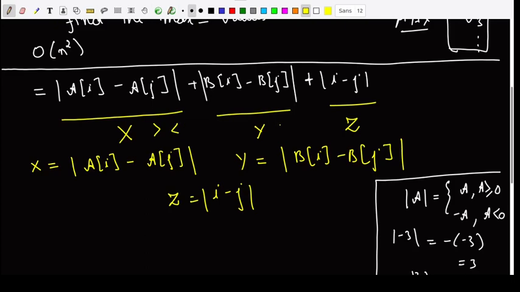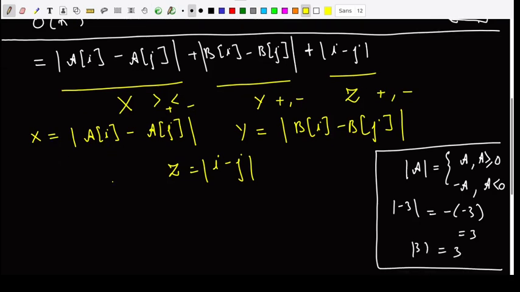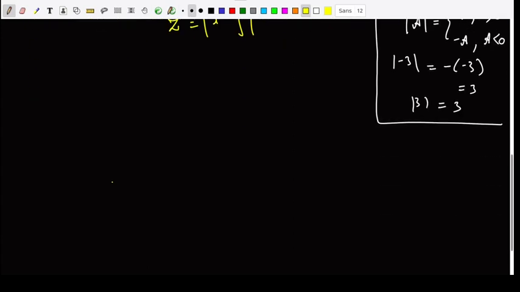Similarly, Y could be positive or Y could be negative, and similarly Z could be positive or negative. So here also X could be positive or negative. On that ground we can expand the equation into 8 different forms.